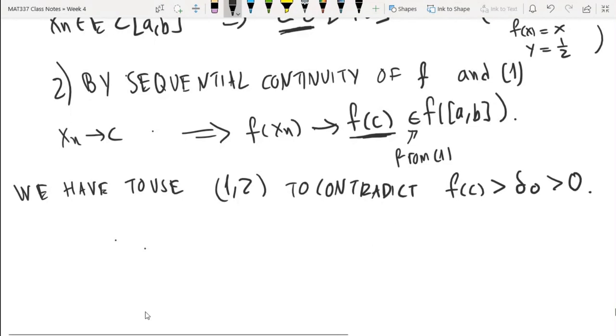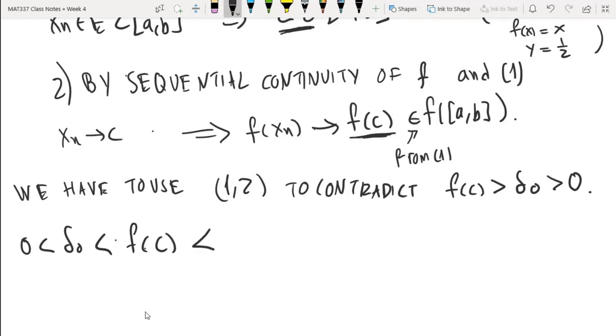We have 0, delta naught, f of c. Approximate f of c by an error of delta naught over 2.